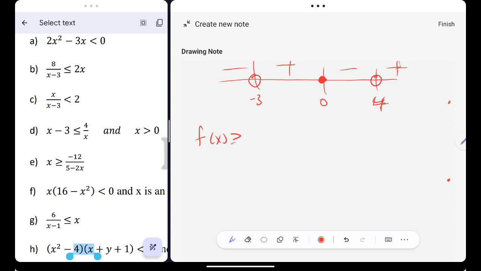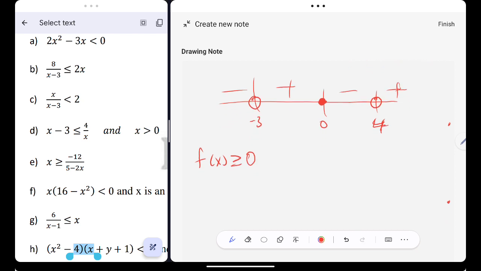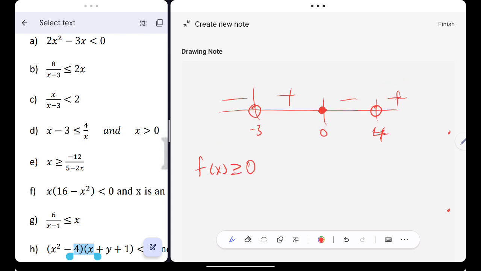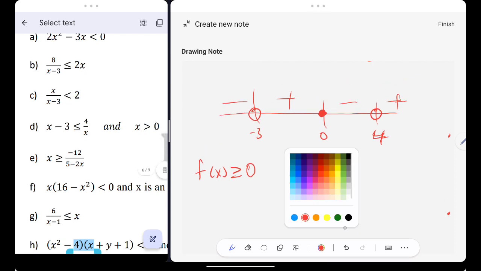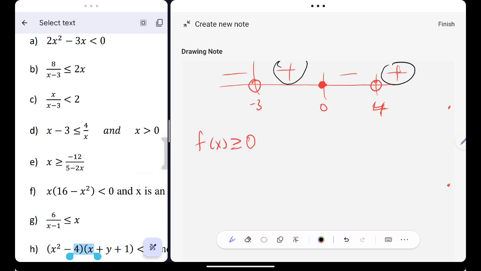For which values of x is f of x greater than 0? How can we do that? I'll just go to my number line and check where I see a positive number. It's here and here. Are you together?